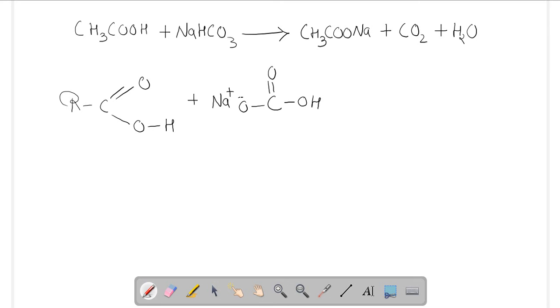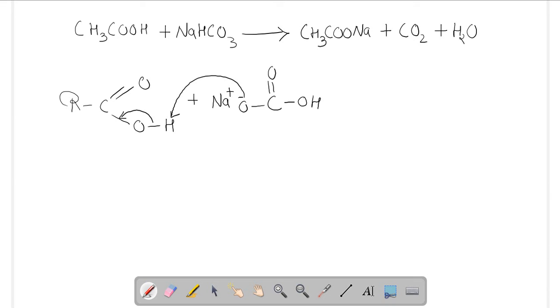Here this negative charge oxygen attacks the hydrogen of the acetic acid, and the bond here converts from OH bond to C double bond O bond.